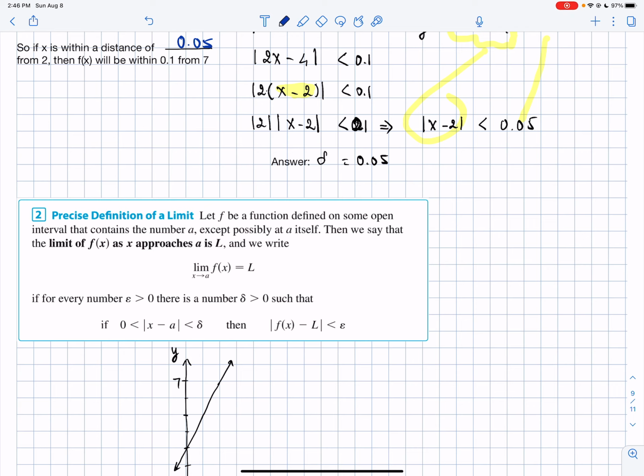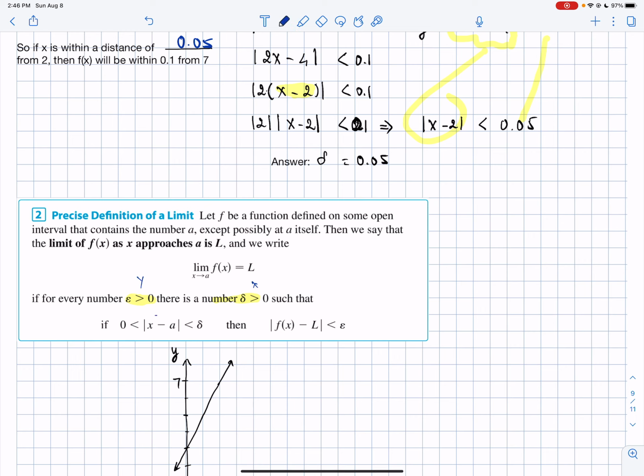Then we say that the limit of f of x as x approaches a is L, and we write the limit of f of x when x approaches a equals L, if for every number epsilon greater than 0 there is a number delta such that, remember that epsilon is on the y part and delta is on the x part.